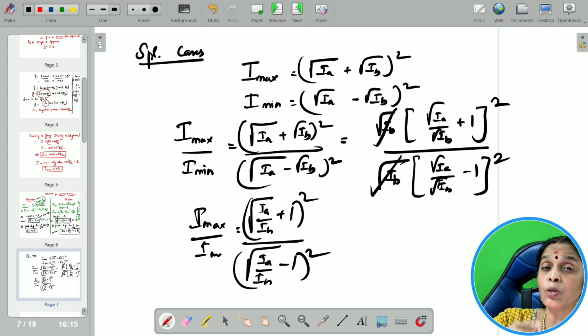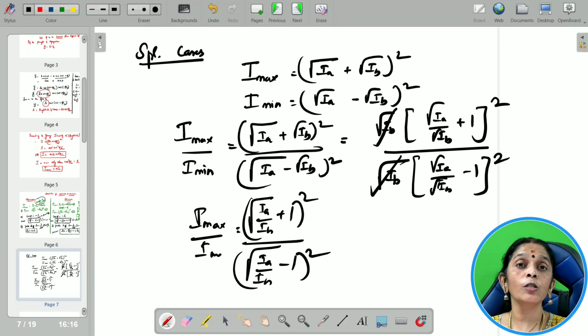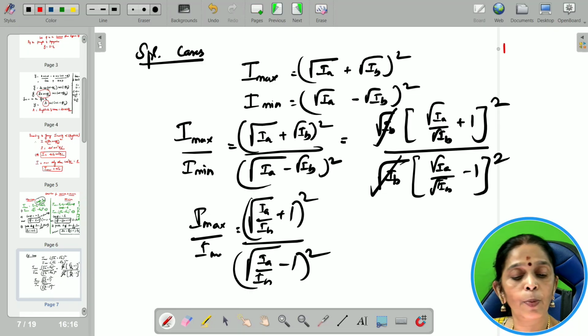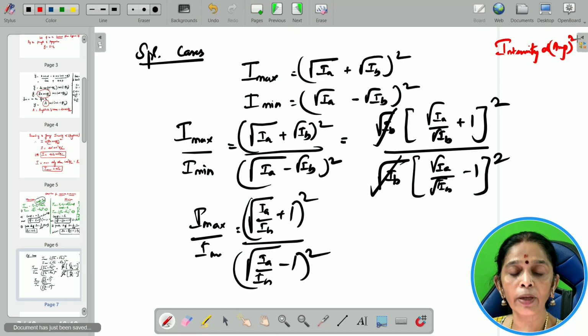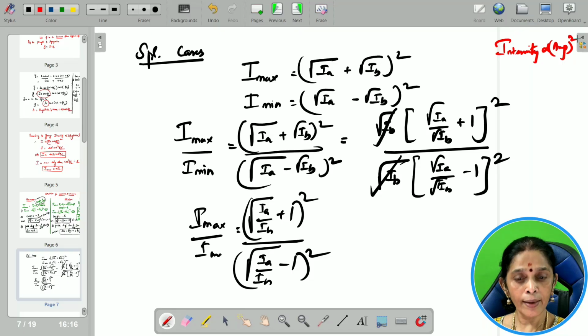Why do we need to learn all that? This is for solving numericals. Do you know that intensity is directly proportional to amplitude square? Yeah, we learnt. So hence, we are going to substitute here.